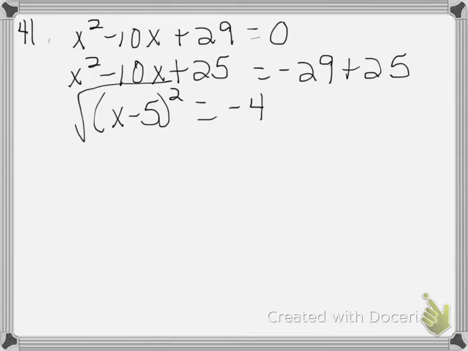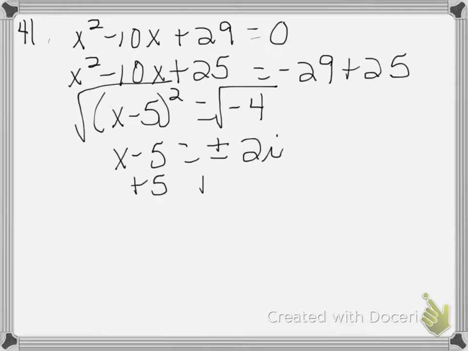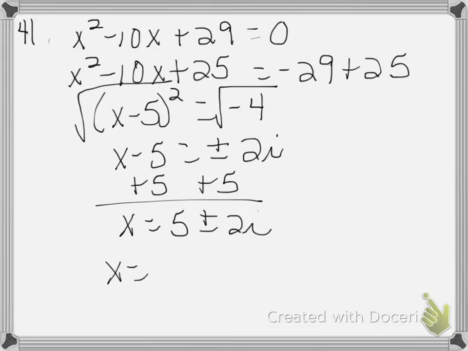Take the square root. That's x minus 5 is equal to plus or minus the square root of negative 4, which is 2i. Add 5. So x is equal to 5 plus or minus 2i. You can separate it into x equals 5 plus 2i, and x equals 5 minus 2i.